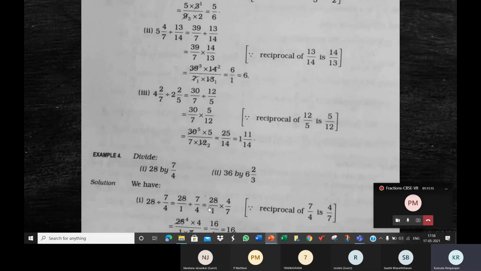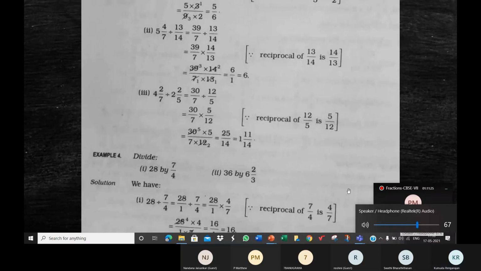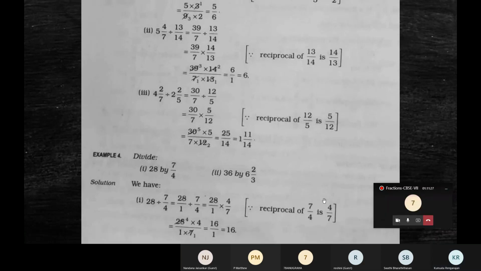Now write 28 by 1 as it is. Division becomes multiplication, and 7 by 4 is written as 4 by 7. Now we will have to multiply the numerators, denominators. And this is 16 by 1, which is 16.